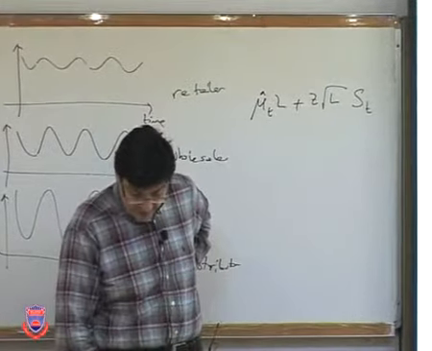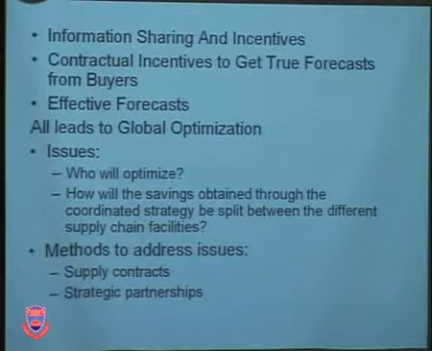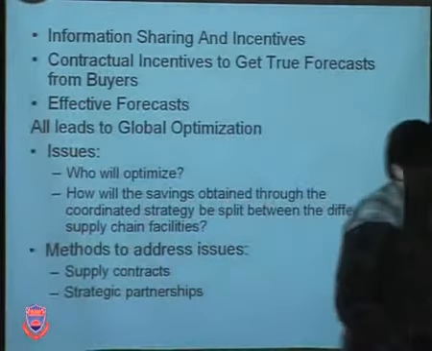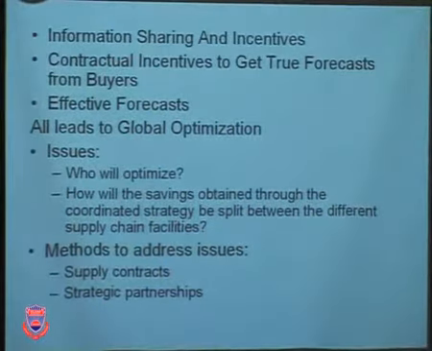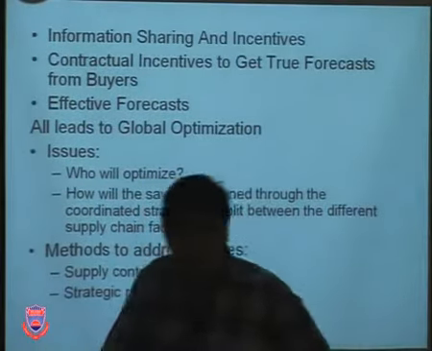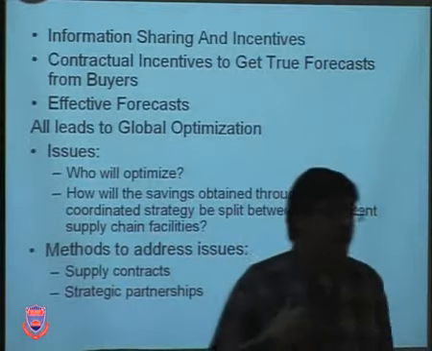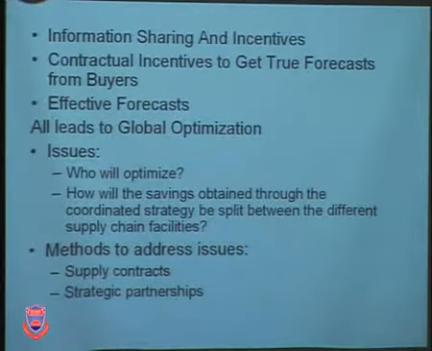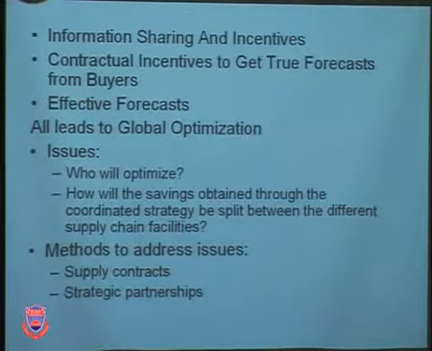Vendor managed inventory. Now, other things which are going to help information sharing are incentives. So you create some incentives so that information holders are going to give the information to you. This is basically something that you do. You have contractual incentives to get true forecasts from buyers.